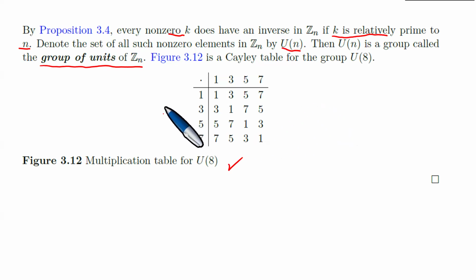Let us check U8. Let us discuss U8 together. So we can see that U8 is a group called the group of units of Zn.